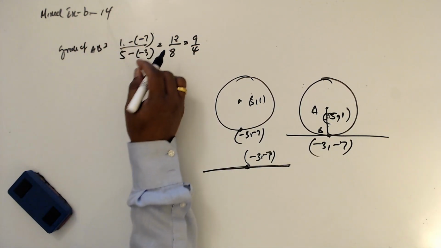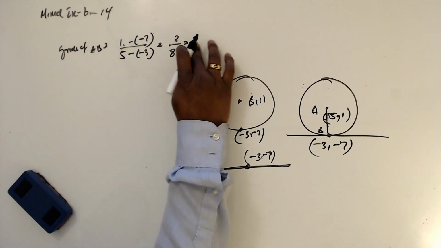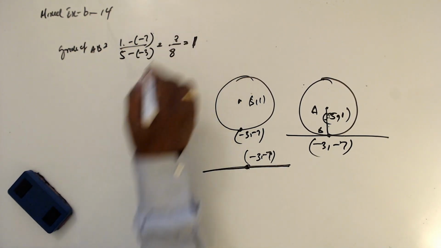This is 1 minus minus 7, so this is 8, and the denominator is 8, so 8 divided by 8 is 1.